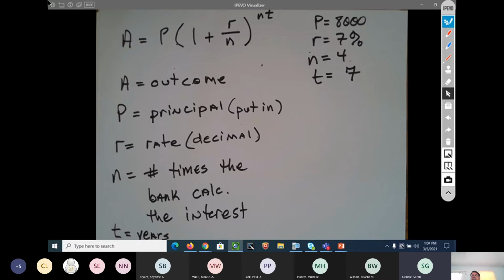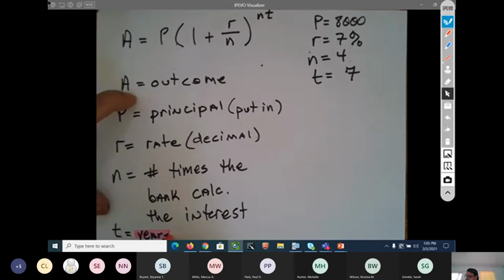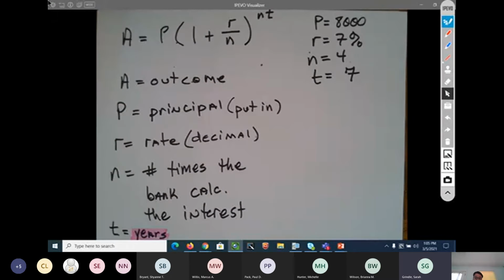Half. 0.5. What I'm trying to tell you is that if you ever use this formula, T has to be in years. If you're told 18 months, you can't put 18 in there. You have to say 18 divided by 12, and change it into a decimal for years.